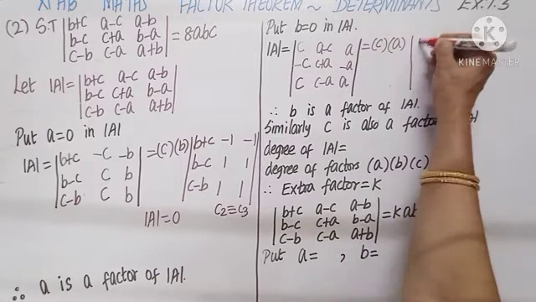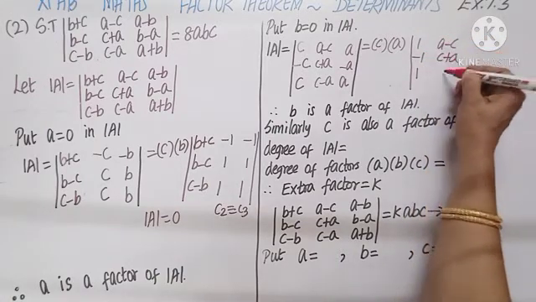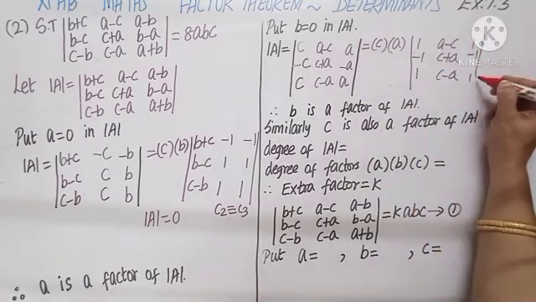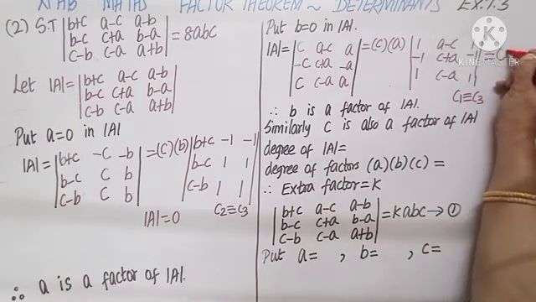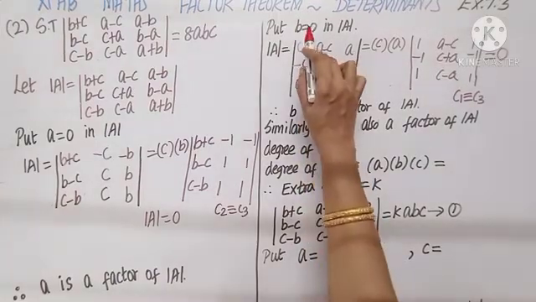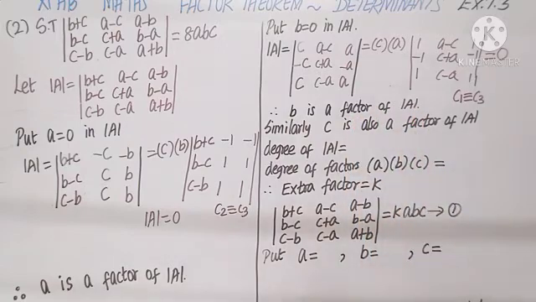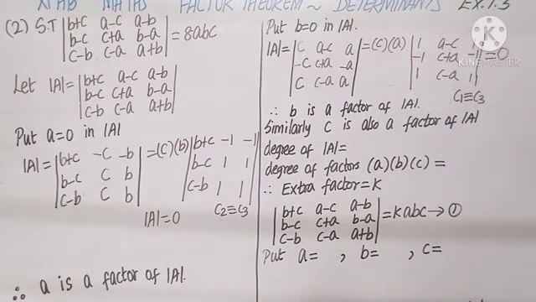I am left with 1, minus 1, 1. Second column, write as it is. Third column, again 1, minus 1, 1. I can check column 1 identical to column 3, and so my answer is 0. 0 into any number, 0. Therefore, I can declare b minus 0 or b is a factor of determinant A. Similarly, I can prove c is also a factor of A.